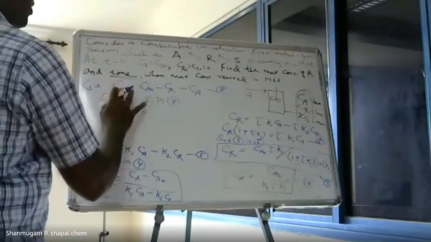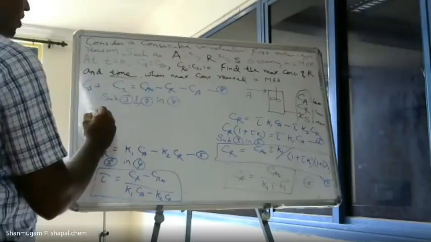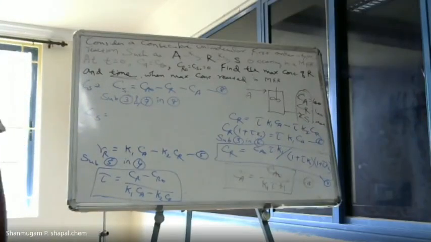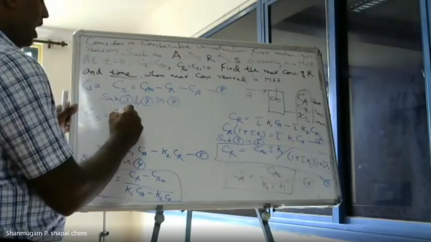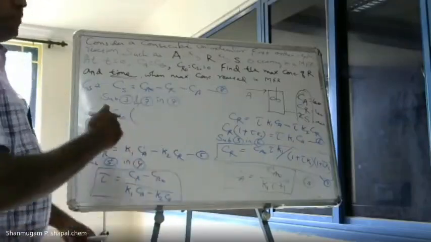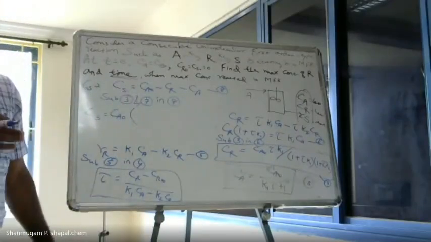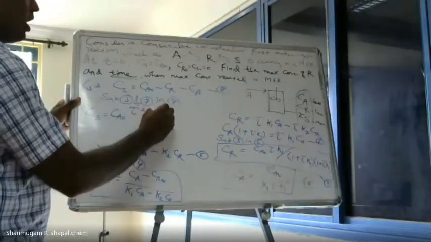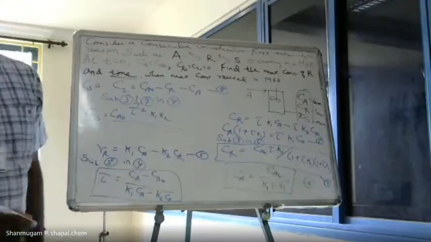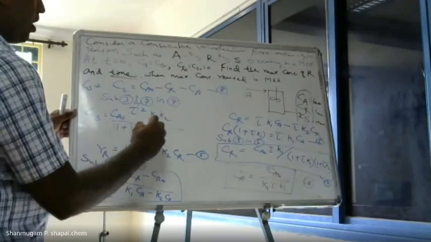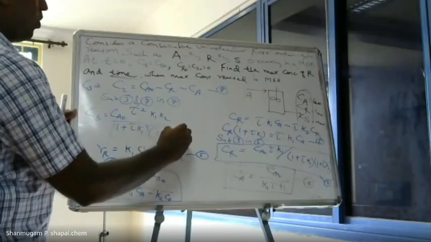So then you get CS here, right? So CS will be, you substitute everything. If you do all the substitution, I just write only the final form here, and it will be CA naught tau square K1 K2 divided by (1 plus tau K1) (1 plus tau K2).